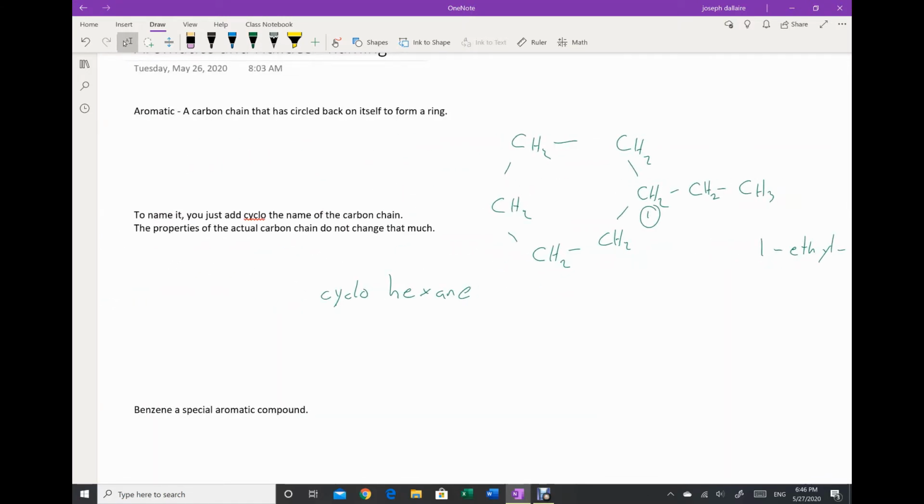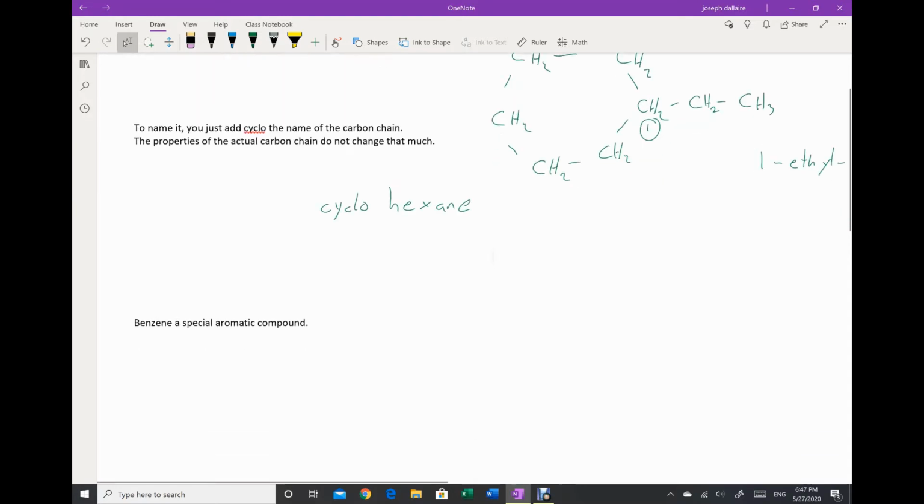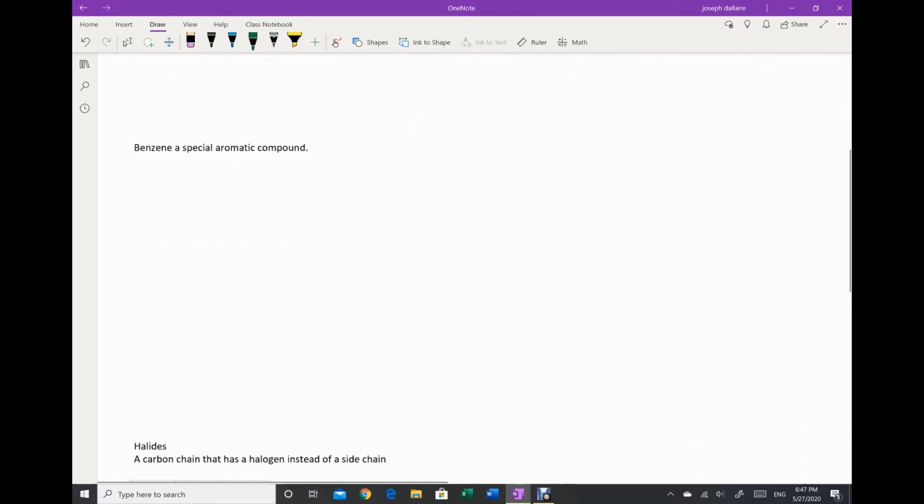There's all kinds of aromatics. When you look at organic structures, you always see these ring structures forming. But there's one aromatic that's a little bit special, and that aromatic is called benzene. Benzene is a 6 carbon ring with alternating double and single bonds.